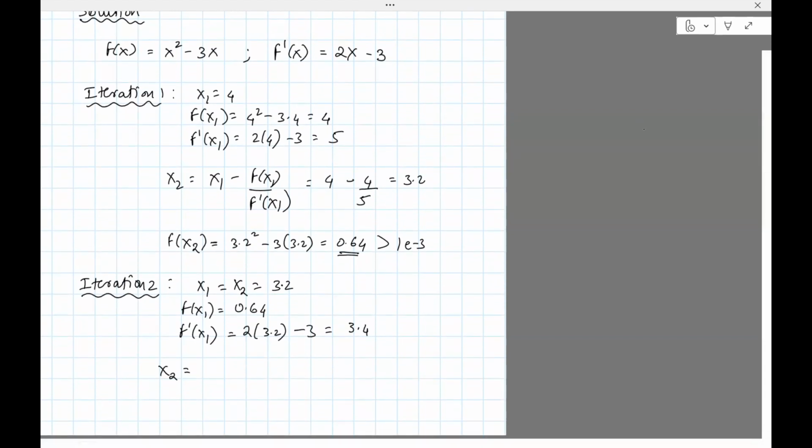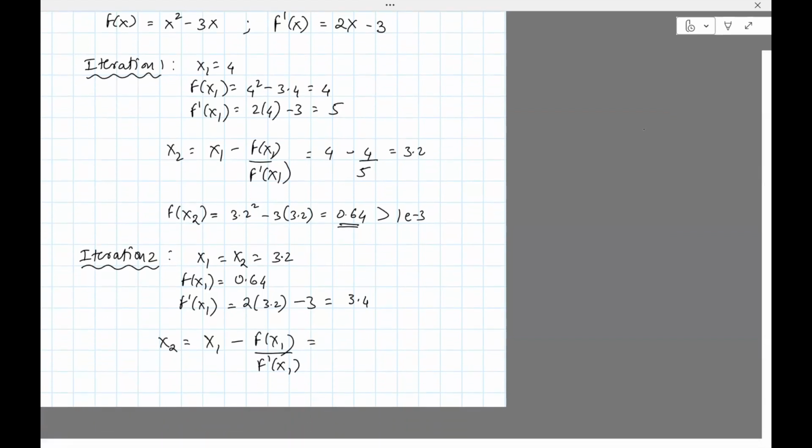So our new guess for x2 is going to be x1 minus f of x1 divided by f prime of x1. So that's 3.2 minus 0.64 divided by 3.4, which comes out to be 3.011.